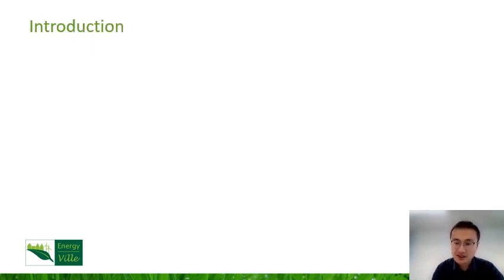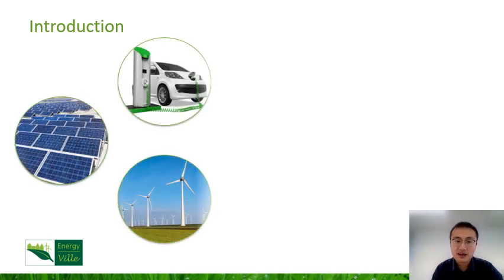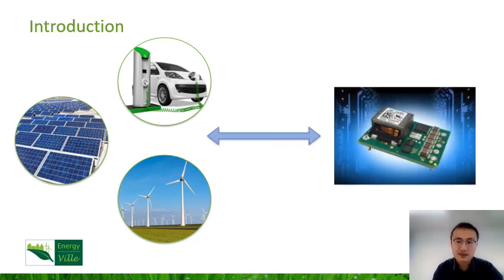I'll start with the introduction. Nowadays, new energy technology is becoming a critical research topic. For example, electric cars, solar photovoltaic systems, and wind power systems. In the meantime, power converters play an essential part for those emerging energy technologies.